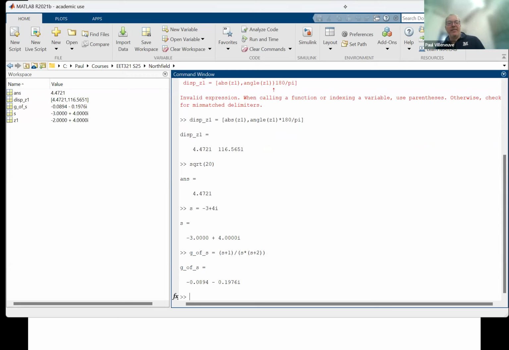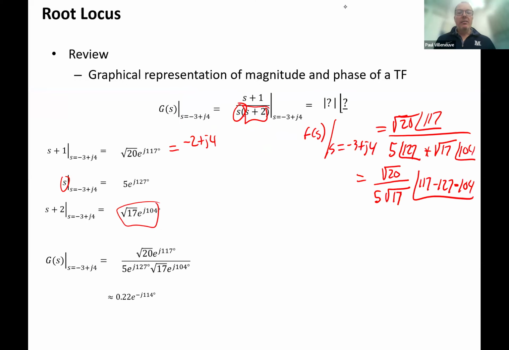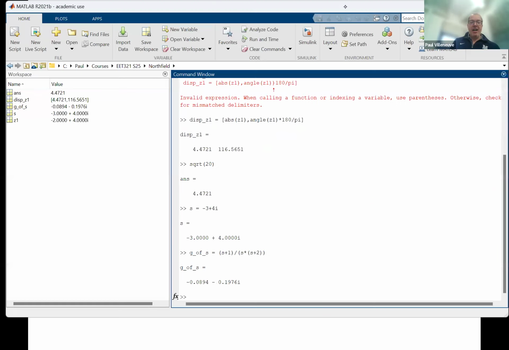And I get, if I entered it in correctly, minus 0.0894 minus J19.19761. Let me make sure I've got that. I think I'm good. Now, let's just check to see if that's correct.